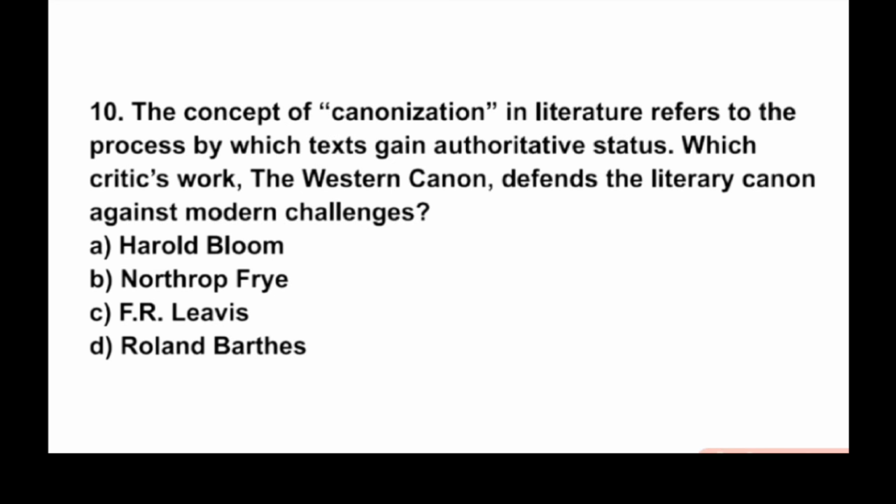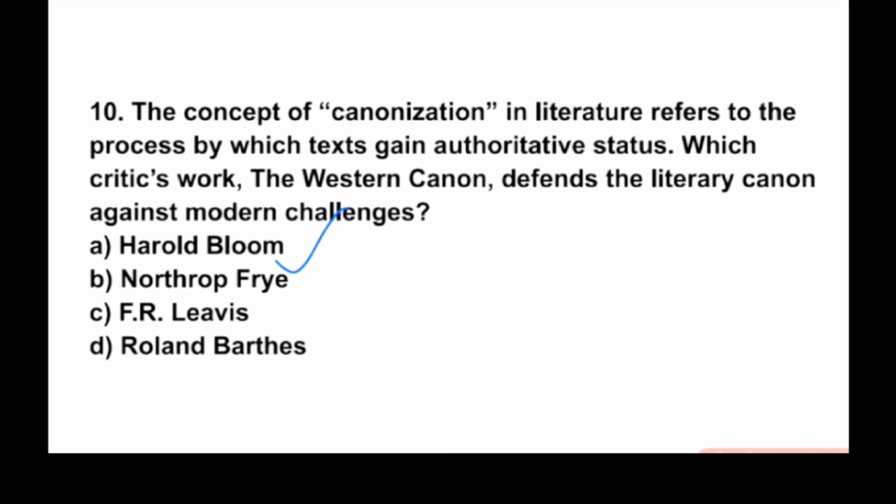The concept of canonization in literature refers to the process by which texts gain authoritative status. Which critic's work, The Western Canon, defends the literary canon against modern challenges? Option A, Harold Bloom.